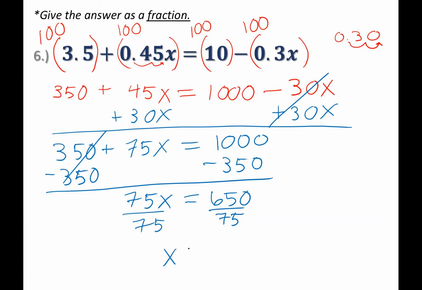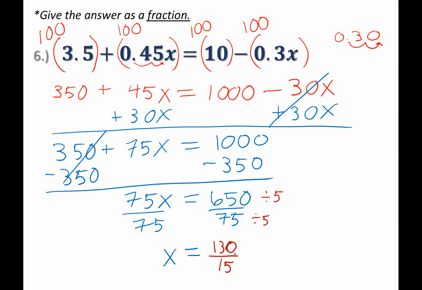All right. So how can we reduce? Well, 650 and 75, they each end in a 0 or a 5, so we could reduce by dividing by 5. Let's divide each part by 5. I'll use my calculator to help out with that. 650 divided by 5 is 130. 75 divided by 5 is 15.